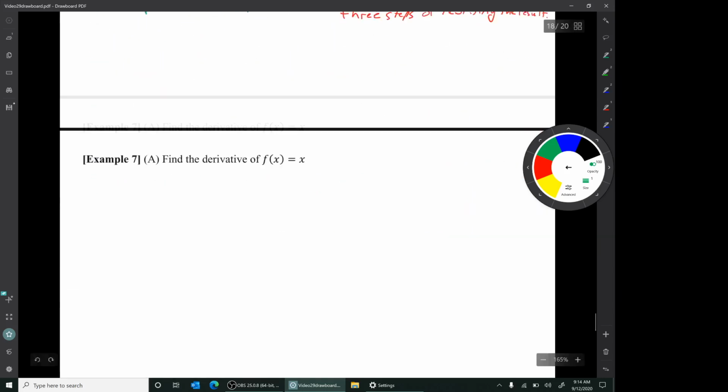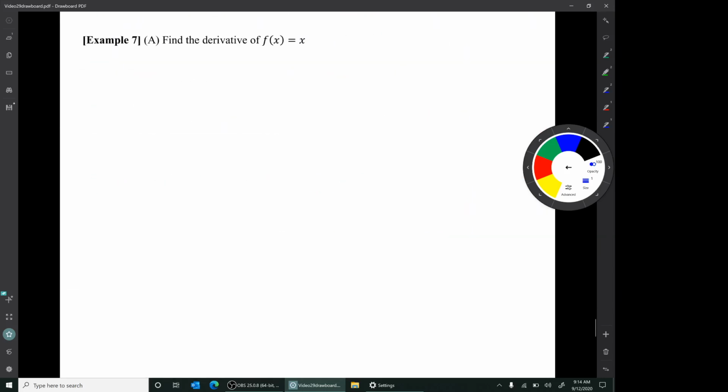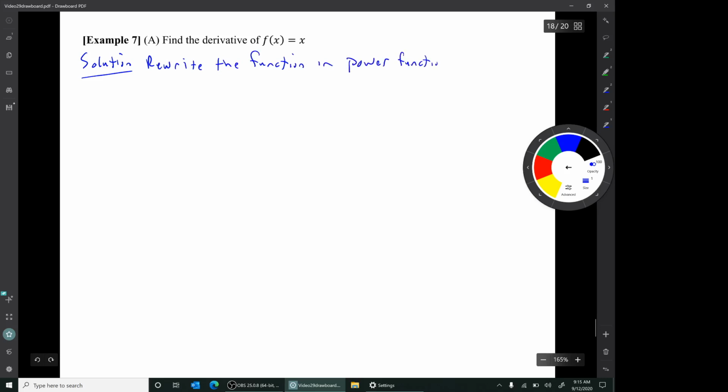On to the next example. Find the derivative of f of x equals x. Well, let's start by rewriting the function in power function form. Now find the derivative.